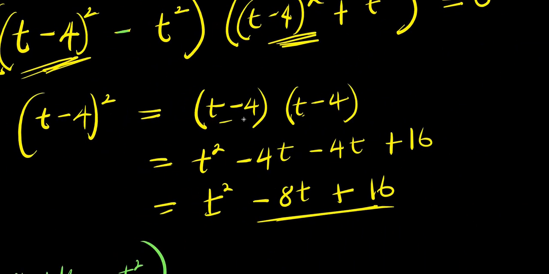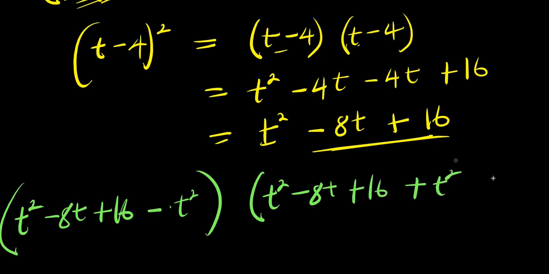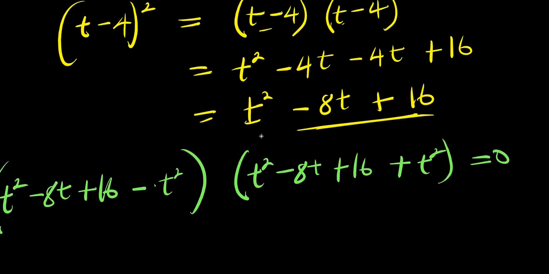Now let's go over to the second bracket. Now we are going to have the same thing, t squared minus 8t plus 16. This time around, we have plus t squared, and this equals 0. So we are having the plus t squared because this is plus t squared. Have you seen it? And everything equates 0.